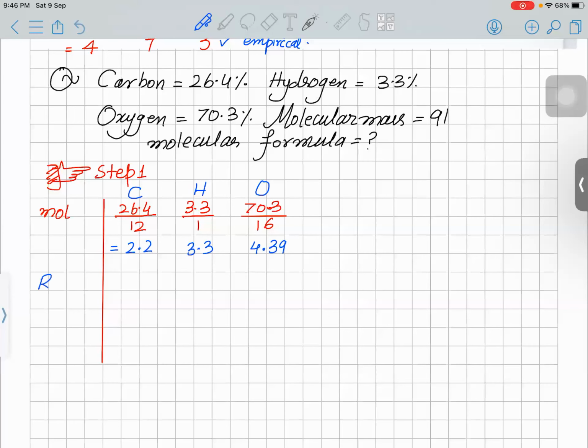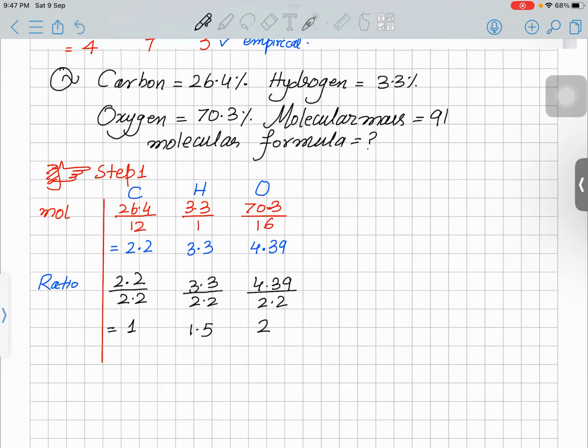Now the ratio. So 2.2 is the smallest. So 2.2 divided by 2.2, 3.3 divided by 2.2, 4.39 divided by 2.2. So 3.3 divided by 2.2 is 1.5, and 4.39 divided by 2.2 is 2.